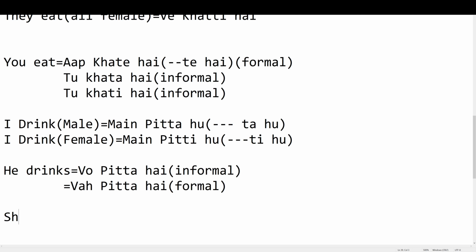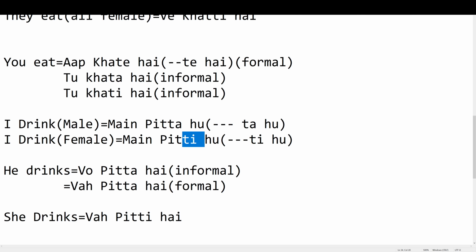For she drinks, वह पीती है. Why पीती? Because female, that's why पीती. So if you observe, whenever there is a female sentence, at the end there is ती, right?